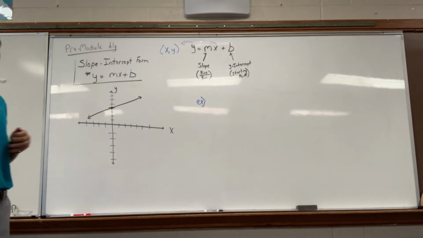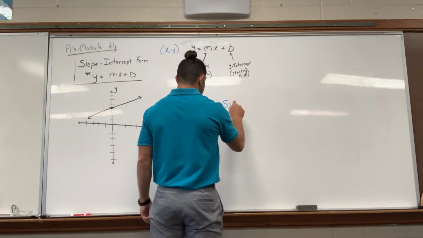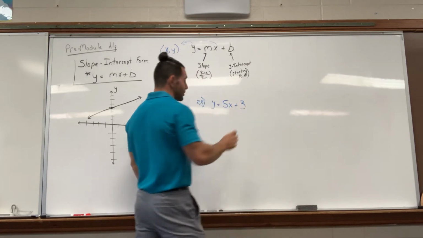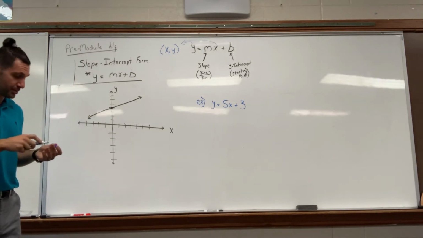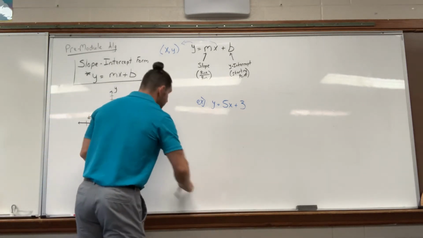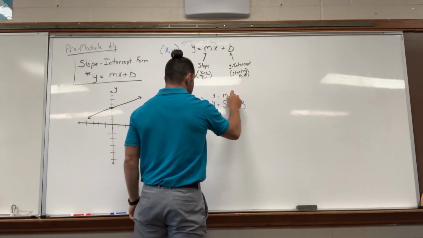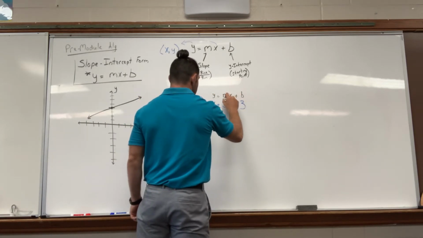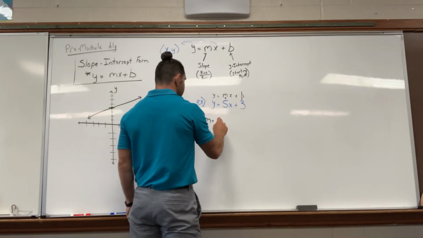So let's start off very basic. Y equals 5x plus 3. And I'm going to say, what's my slope? What's my y-intercept? Well, that's easy. Y equals mx plus b. So my slope is 5.